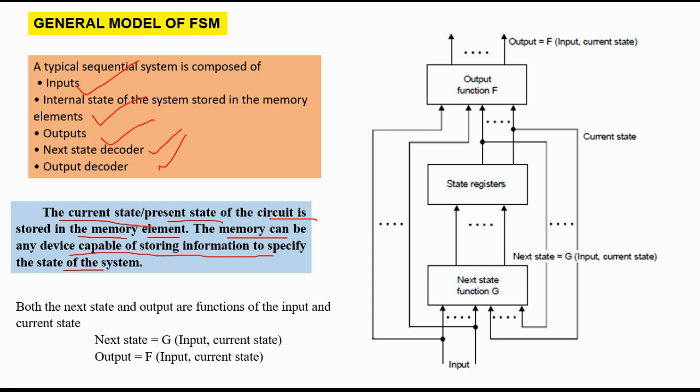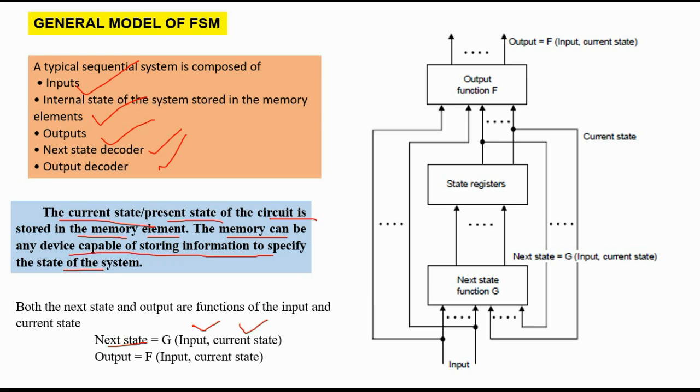And how can I estimate what is meant by next state and output? The next state is a function of input and current state. The next state can be estimated by this equation. G is the function of whom? A function of inputs and current state. Where will the current state be available?